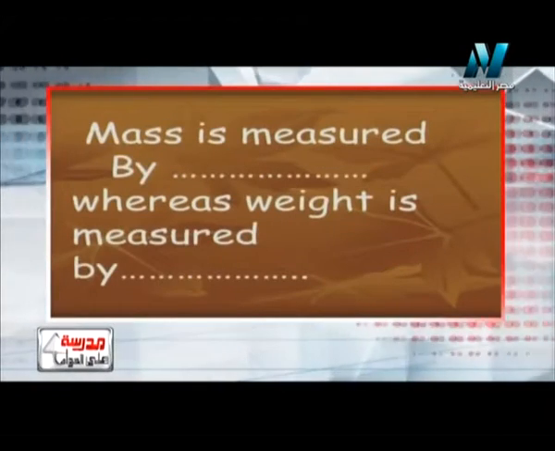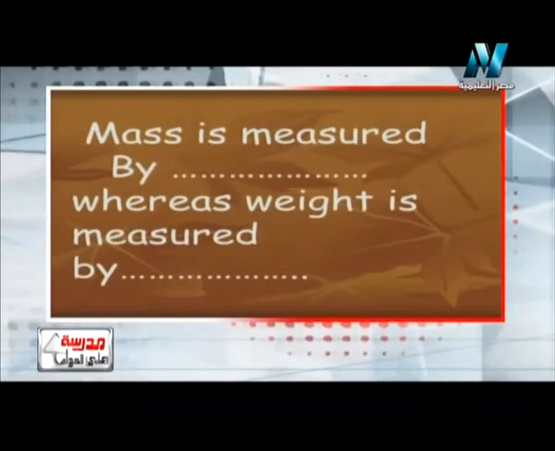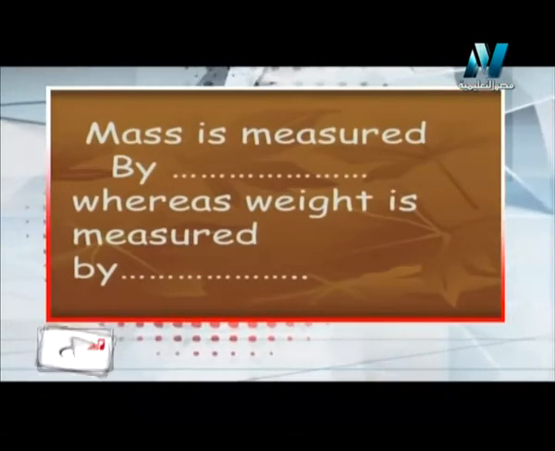Another question. Mass is measured by point, whereas weight is measured by point. When the question says measured by, I need the device. So the answer is mass is measured by balance scale, but weight is measured by a spring scale.